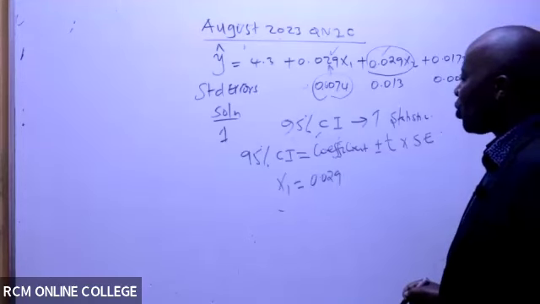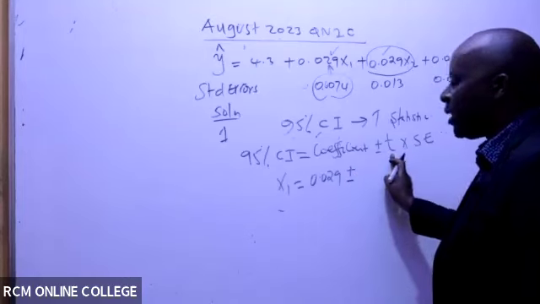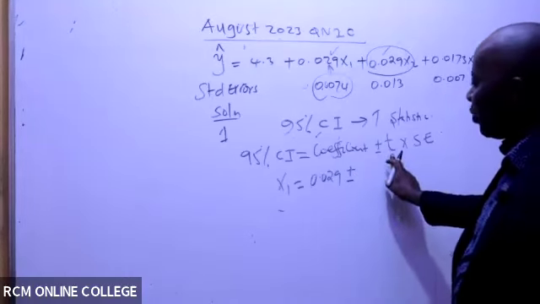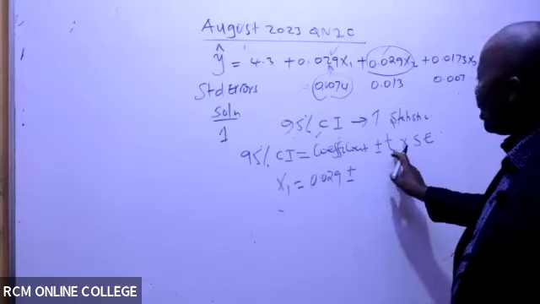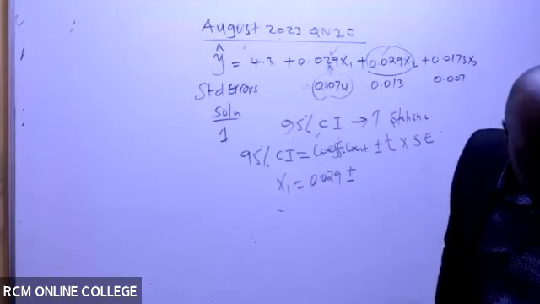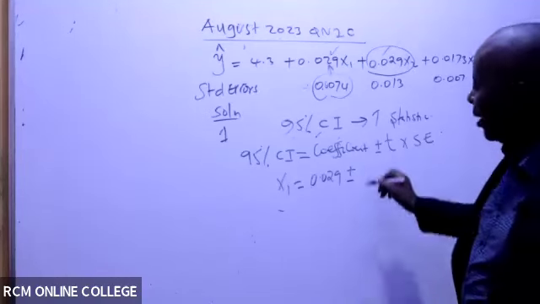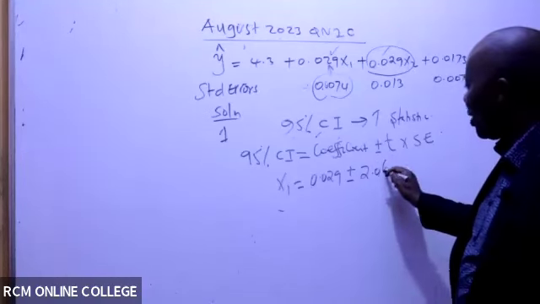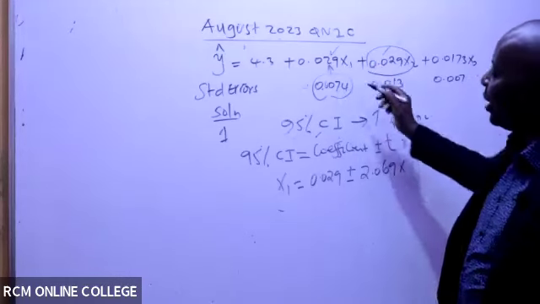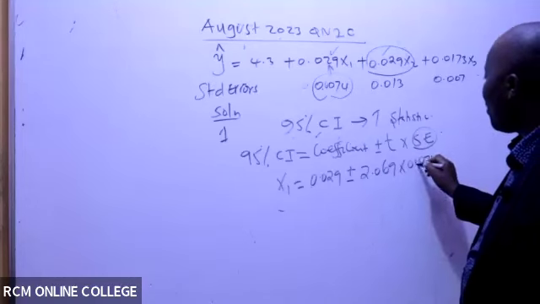So 0.029 plus or minus the t table value that you have read, 2.069, times the standard error for x1, which is 0.074.